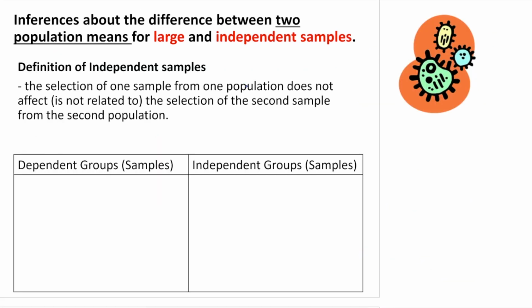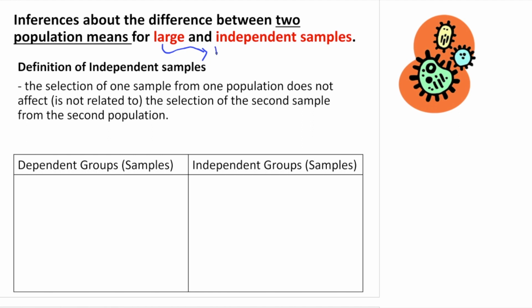Now we are discussing making inferences about the difference between two population means for large and independent samples. When is the sample size of the two populations considered large? Because we have two populations, I'll name them population 1 and population 2.